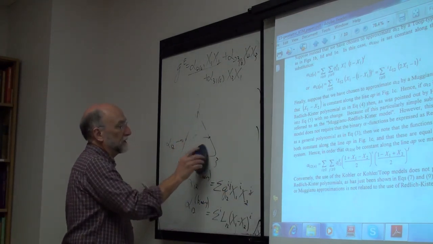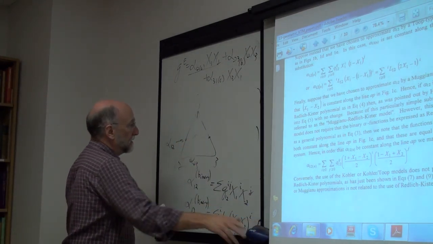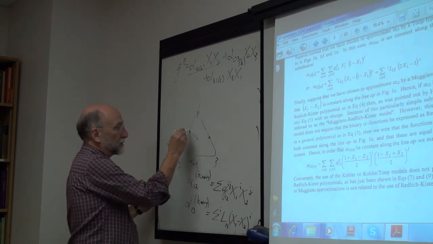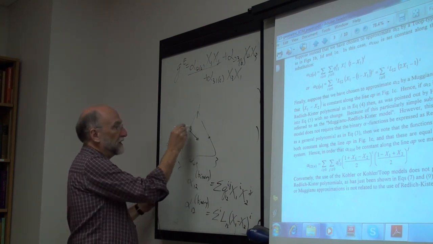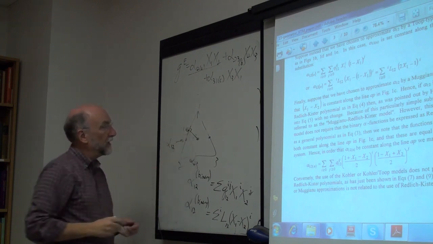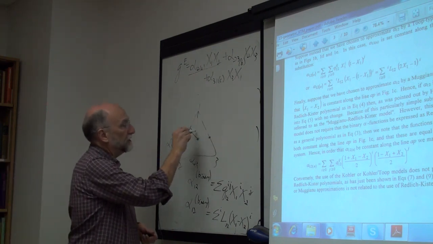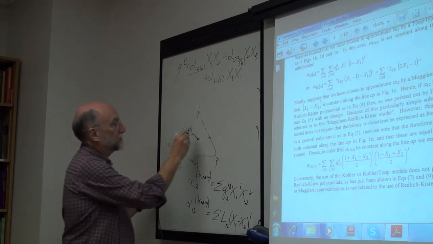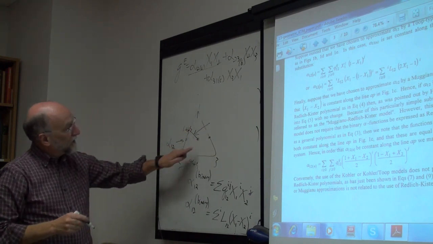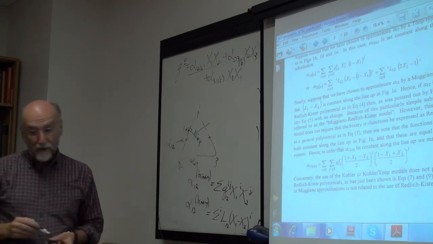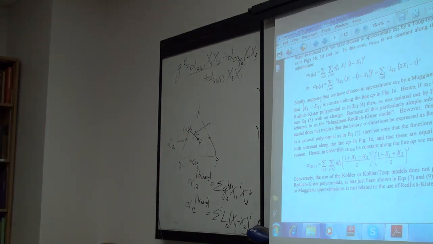Okay, if we're going to use the Muggiano method, then we have a point here in the ternary, and it's going to be based upon this point in the binary, and along this line here. So this is a line going perpendicular from my ternary point to my binary point. And along that line, you can verify this at home, along a line going from a point B perpendicular to the 1,2 side, these functions are constant.